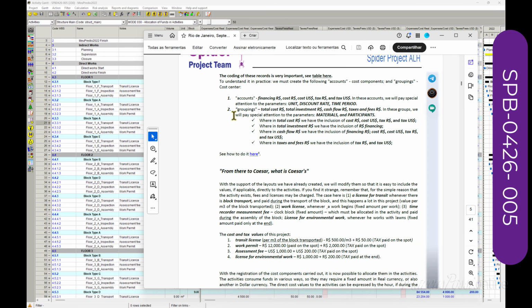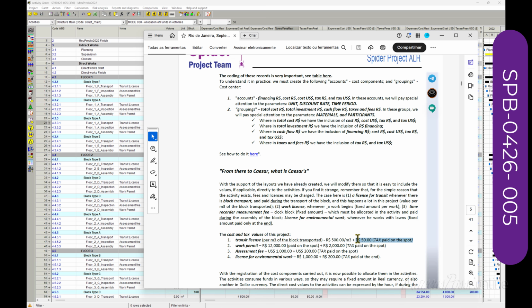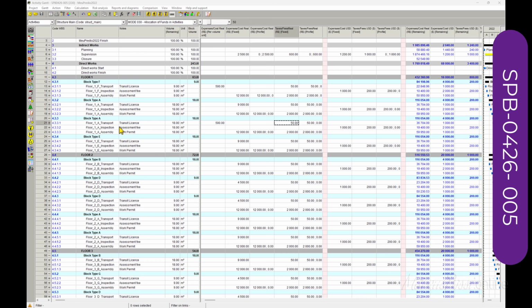But when you read the text, it's just 50 reals on the spot at the beginning. There is a cost for the block movements per volume, and a single tax for the whole thing on spot.